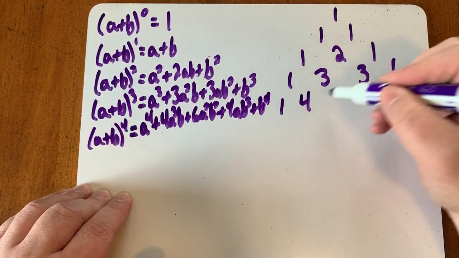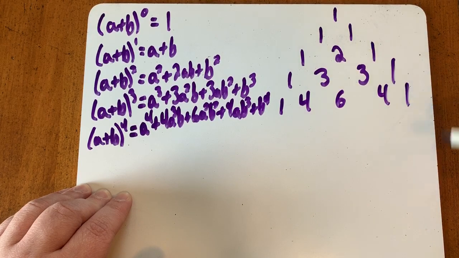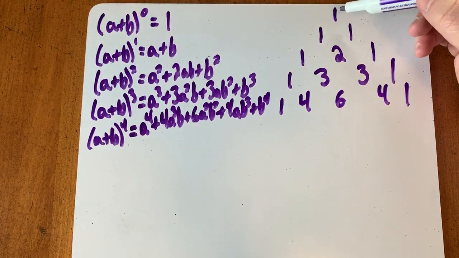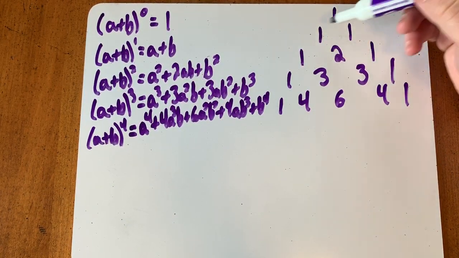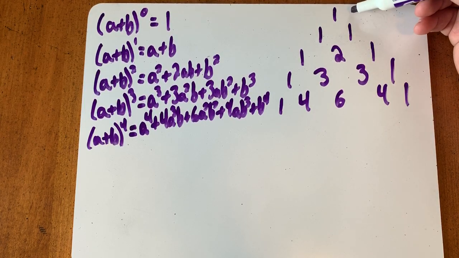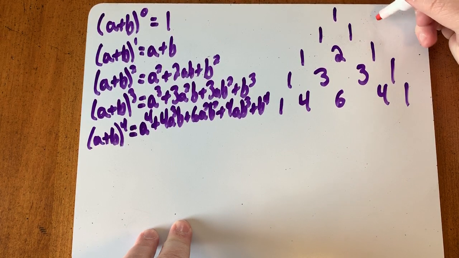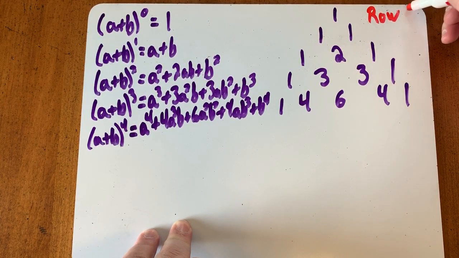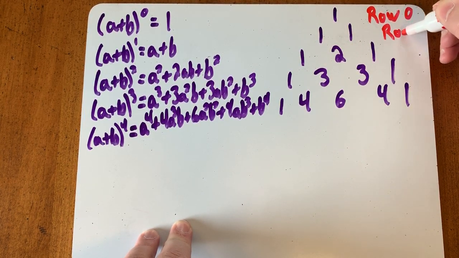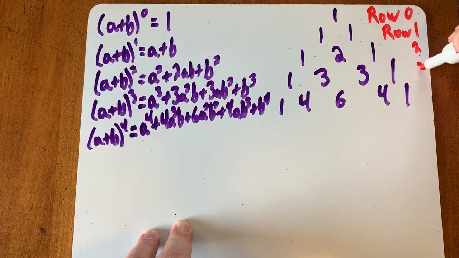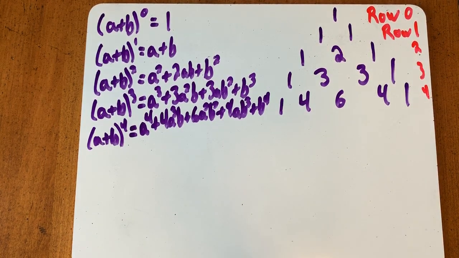So 1, 4, 6, 4, 1. So this, starting with what we call row 0, and then row 1, 2, 3, 4, so on and so forth.